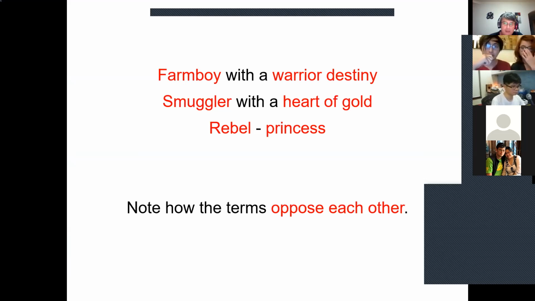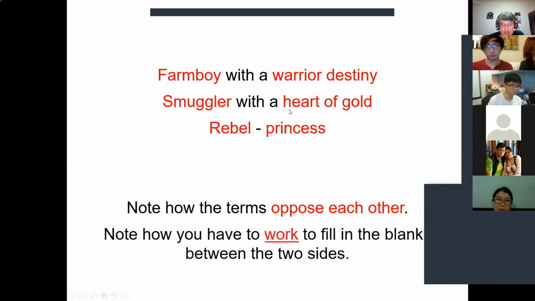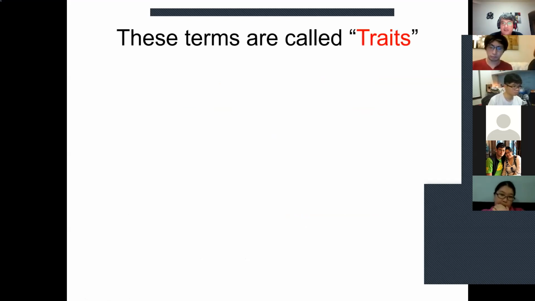And you have a rebel princess. These terms are, for lack of a better term, opposites of each other, right? So if you're looking at opposites, look at how you have to work essentially to fill in the blanks between these two opposing traits, right? Because this is what they are. They are traits of a character.